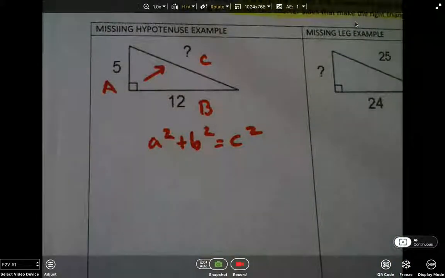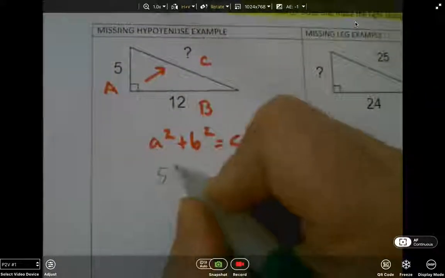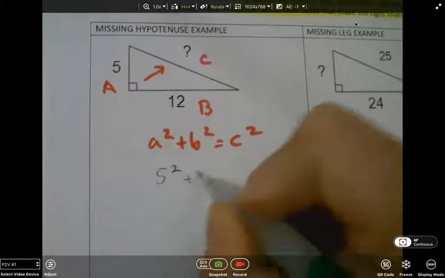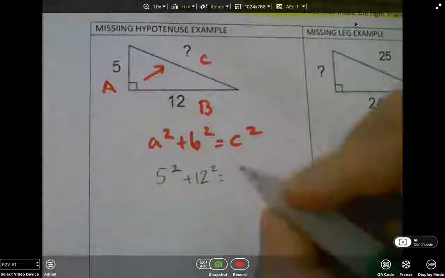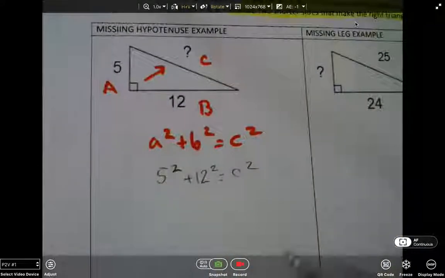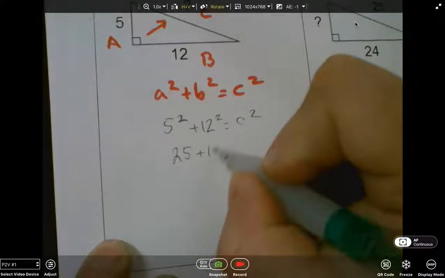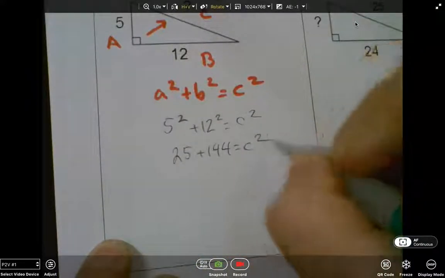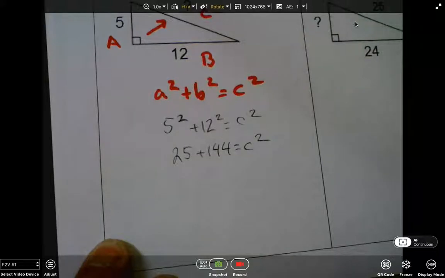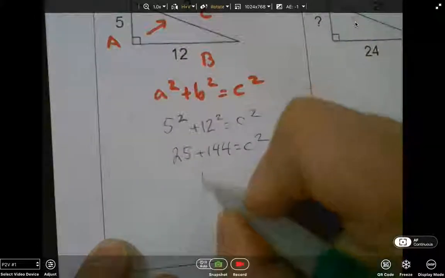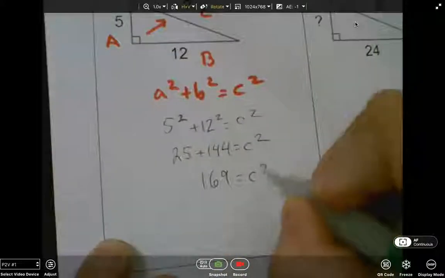So we plug in those numbers. 5 squared plus 12 squared equals c squared. So I can square those two numbers and get 25 plus 144 equals c squared. And 25 plus 144 is 169 equals c squared.